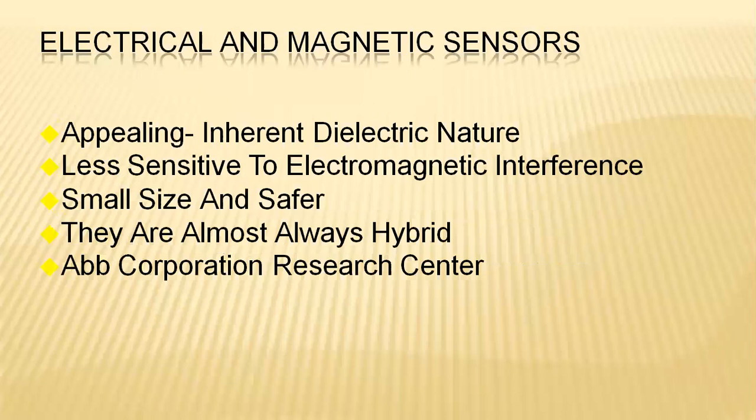Coming to the electrical and magnetic sensors. So electrical sensors and magnetic sensors, and a combination also, there is a best combinational way of sensors utilized in different regions for examining various defects or functionalities, I can say.